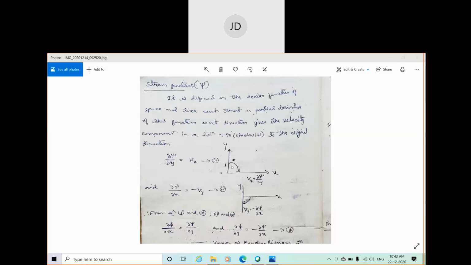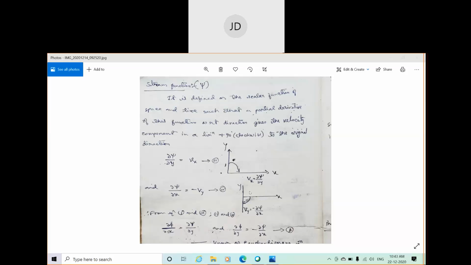From the y direction, 90-degree will be this way and this way, but you have to move clockwise, so we go in this direction, and we get Vx. Since this direction represents x, you will get Vx. That means if you derive del xi by del y, you will get Vx.